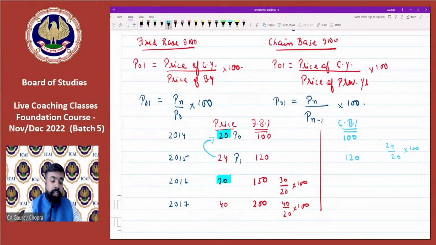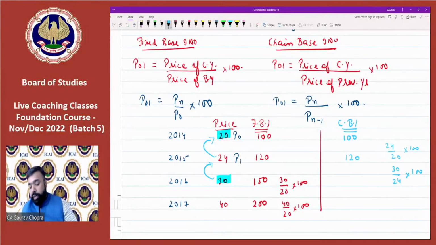Now for 2016, 30 will be compared with, this time, 24. So 30 upon 24 into 100. You can calculate and let me know what the result is.